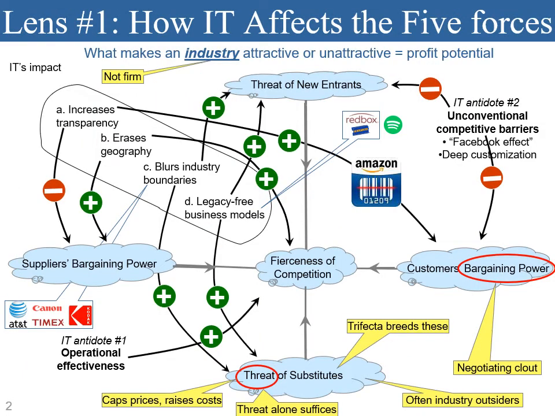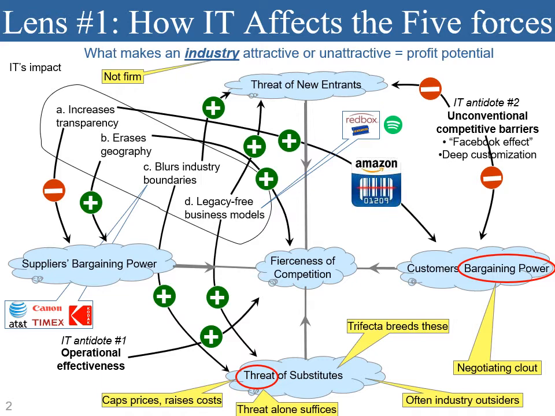Okay, now let us focus on lens number 1, the 5 forces model. I think this diagram is a bit messy, but never mind, we try to understand what it's all about. Okay, let us see how IT affects the 5 forces.